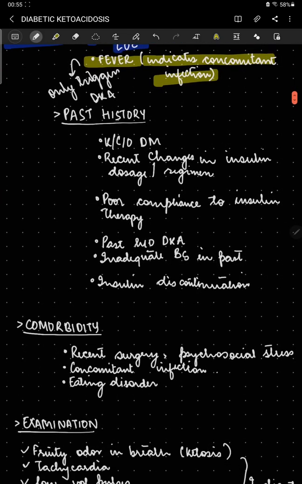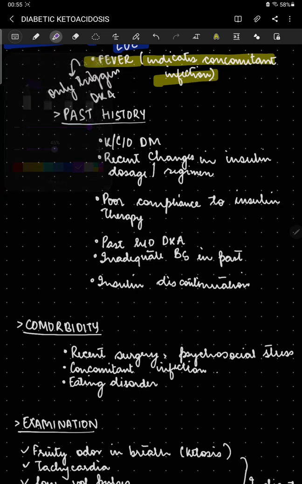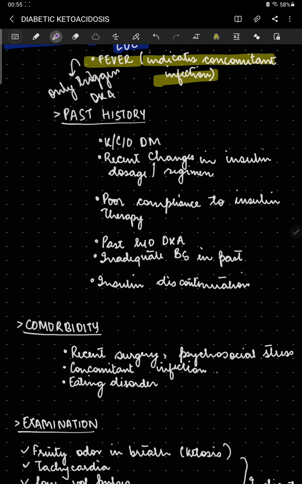Now coming on to the past history. The past history of the child, he or she may be a known case of type 1 diabetes, or they may be a newly diagnosed one with some history of infection or illness or some stress factor, right?